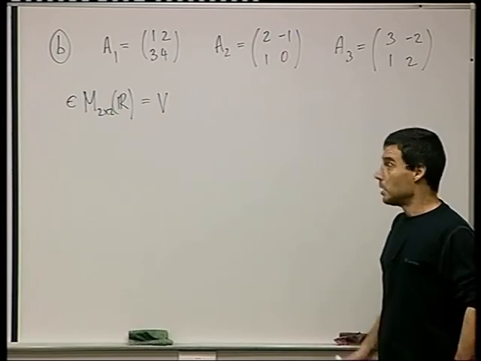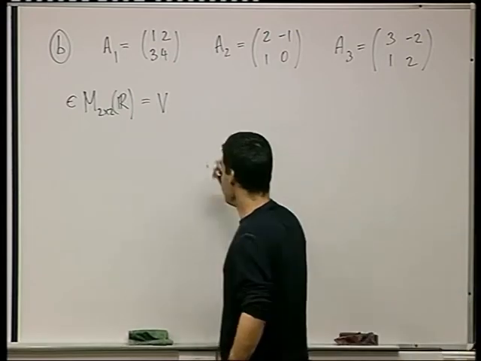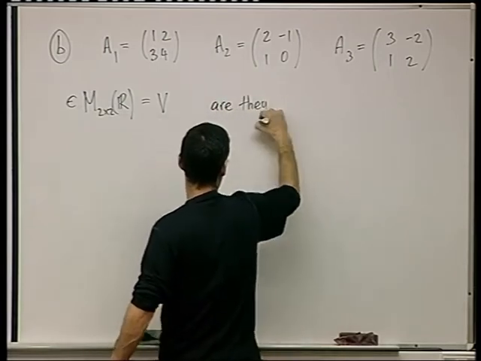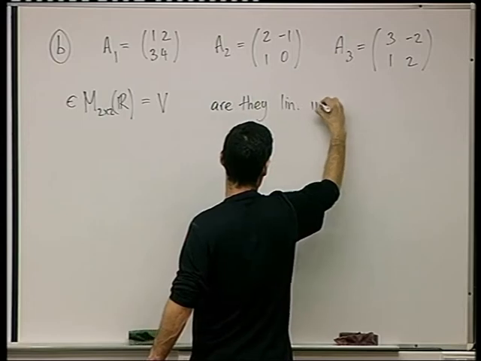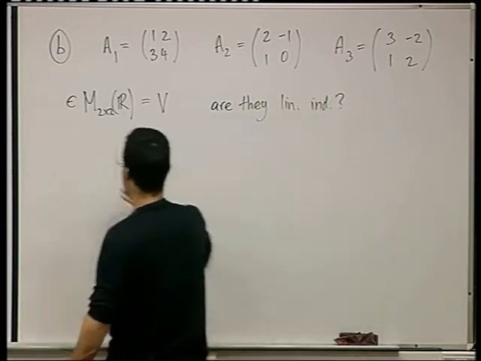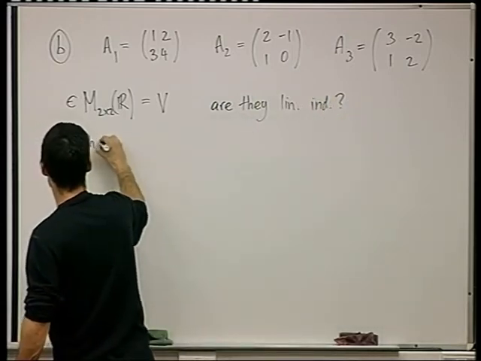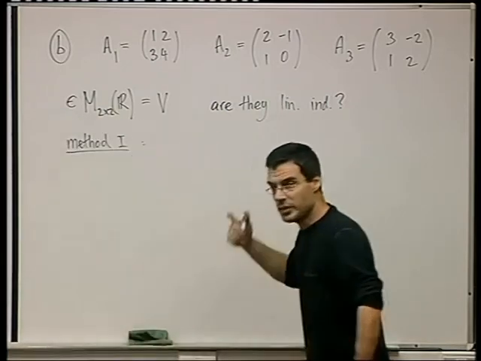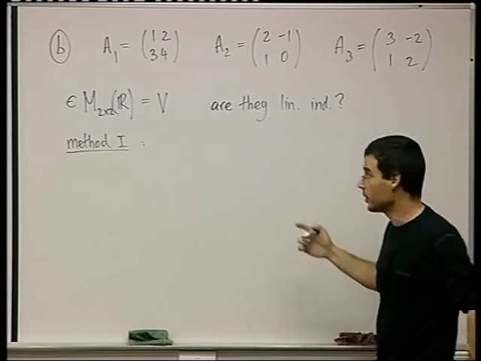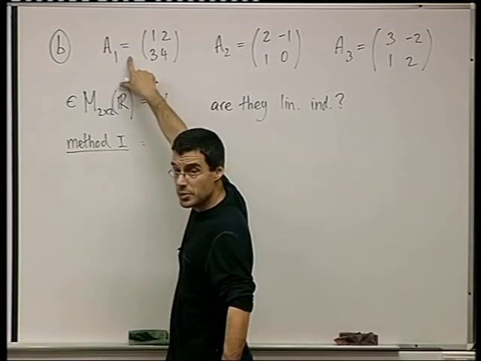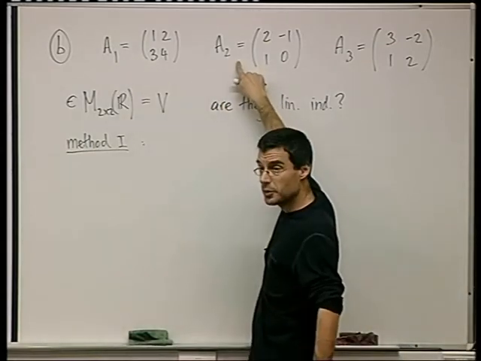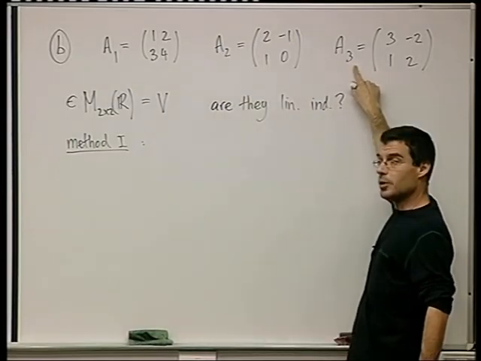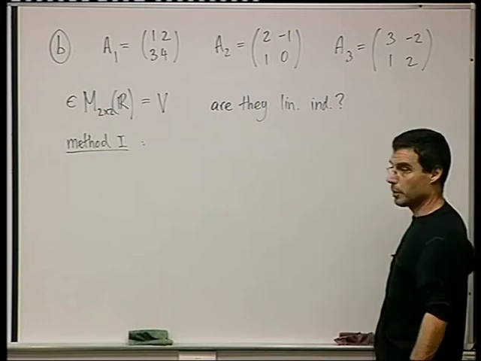Okay. Method one: are they linearly independent? Method 1, translate this to a system of equations. Write alpha 1 times this one, plus alpha 2 times this one, plus alpha 3 times this one, equals the zero matrix, 0, 0, 0, 0.